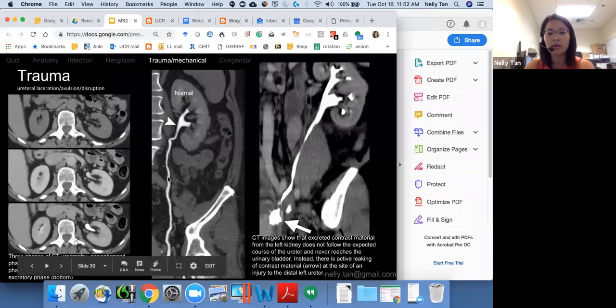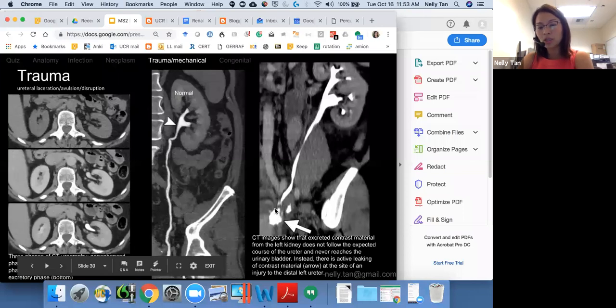And here is another image of a beautiful CT urogram. And here, what is going on? Is this a normal CT urogram? Compression of the ureter, yeah, there could be some decompression. But what do you think about this?